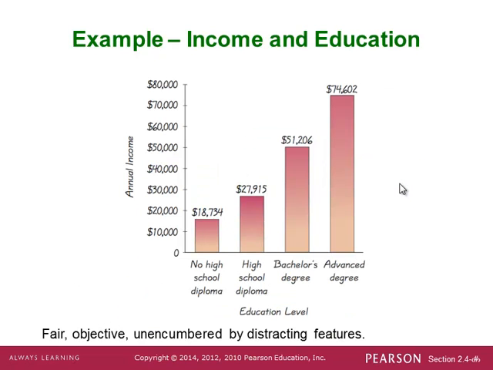Okay? Now, to be safe, just use a nice, simple bar chart like you see here. Make sure that the labels are adequately labeled or described, so it's absolutely clear that this is annual income on the vertical and educational level on the horizontal.